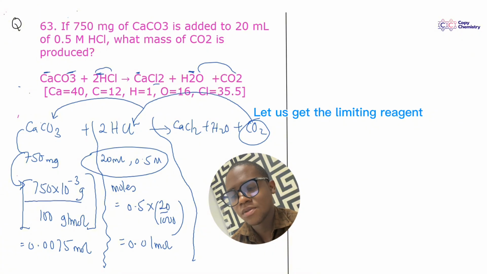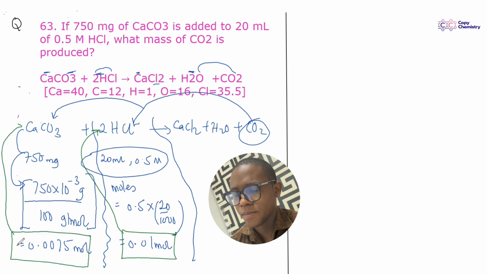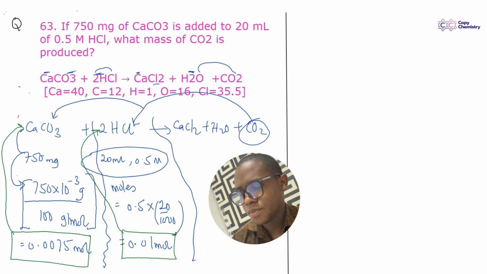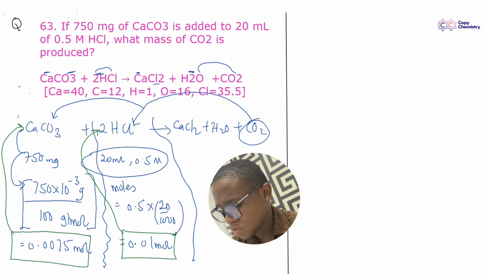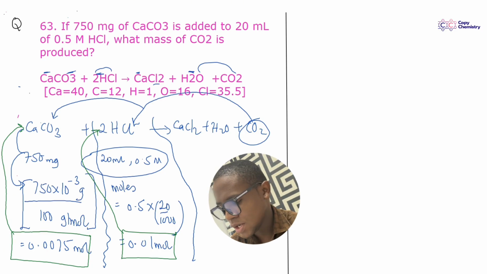To know the limiting reagent, we just have to get our number of moles in hand, and then we'll divide it by the coefficient here. We'll do the same thing here. This divided by this guy, and let's figure out what that will be. So 0.0075 divided by 1 will not change. It will still be 0.0075 for CaCO3.